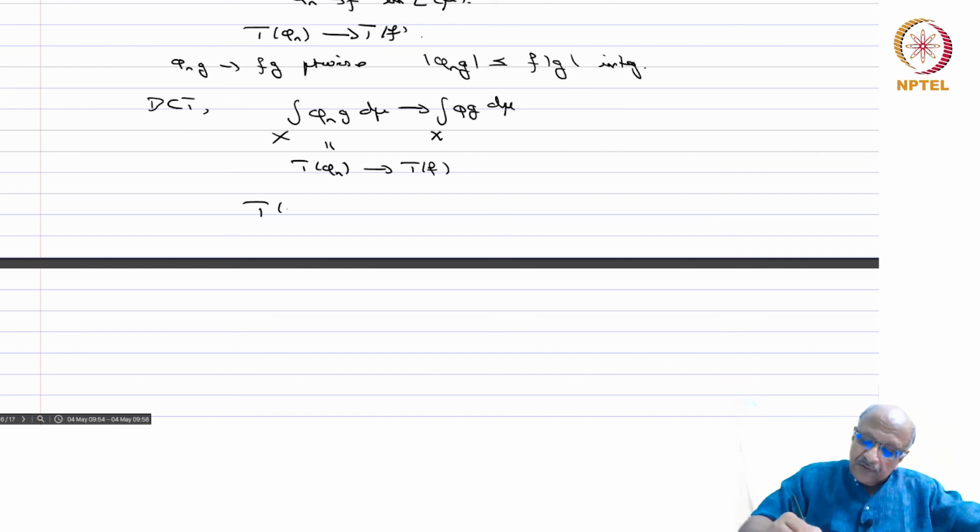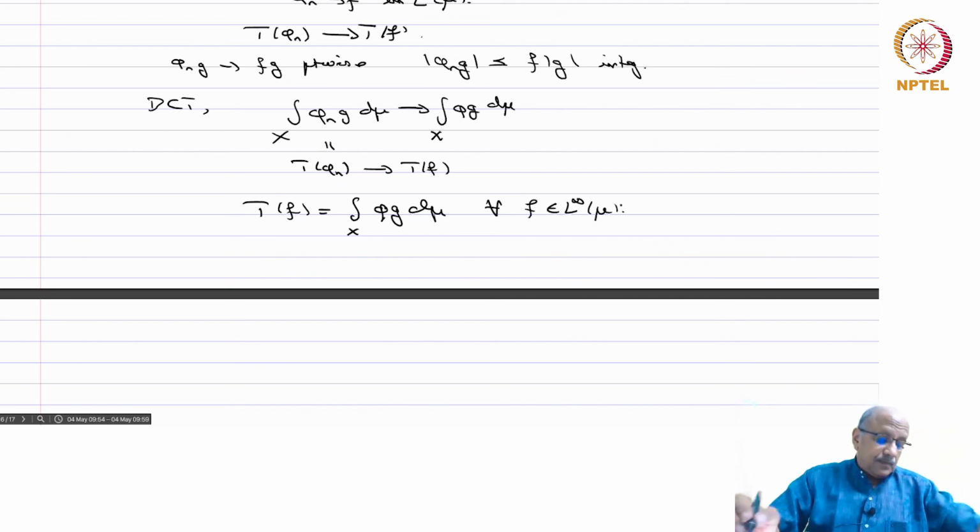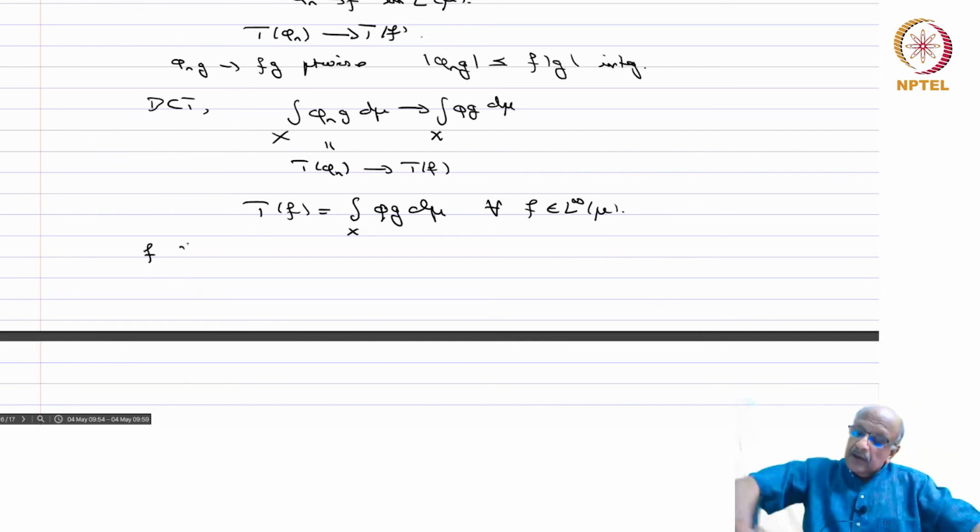Therefore, you have T of f equal to the integral over X of f g d mu for every non-negative f in L infinity mu.